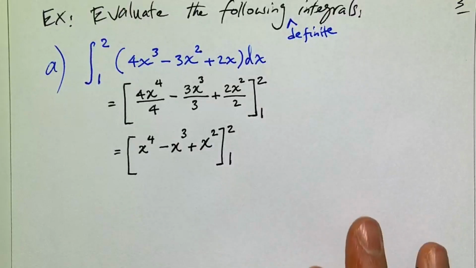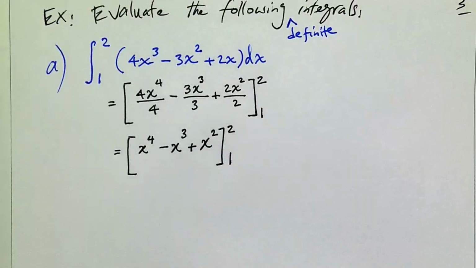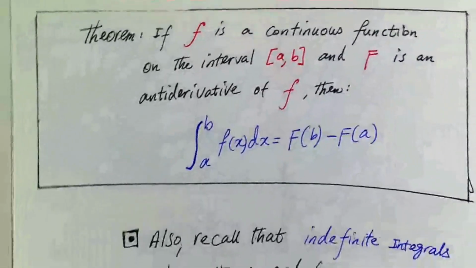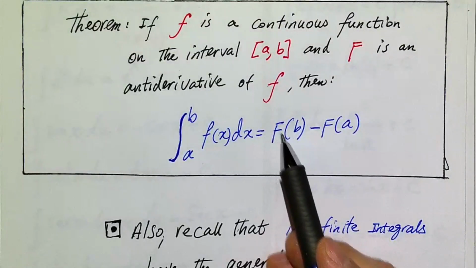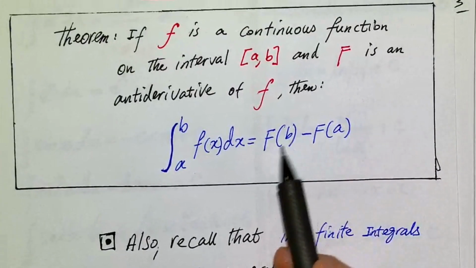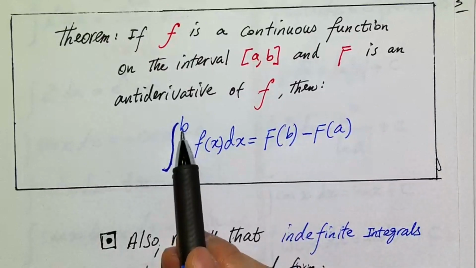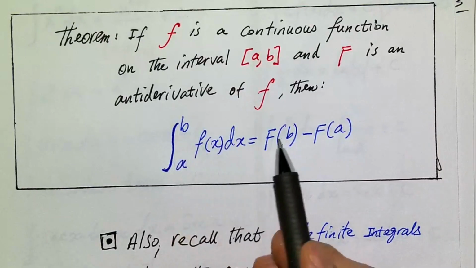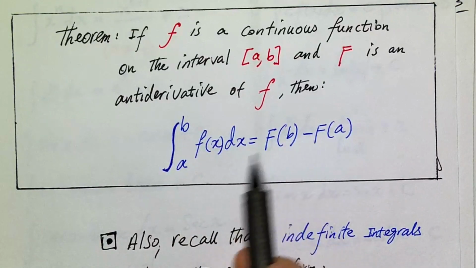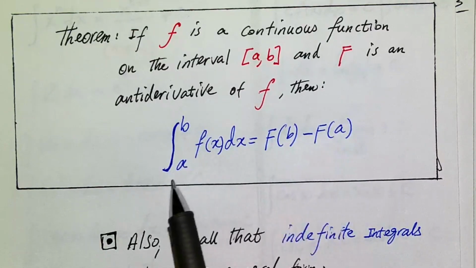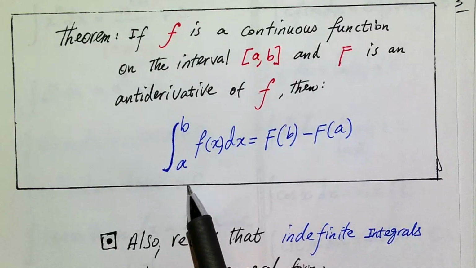So now, the way we evaluate this, like we said in the beginning on the first page, once we have the antiderivative F, we evaluate the antiderivative at the upper limit. Whatever we get, we subtract the value of the antiderivative calculated at the lower limit.